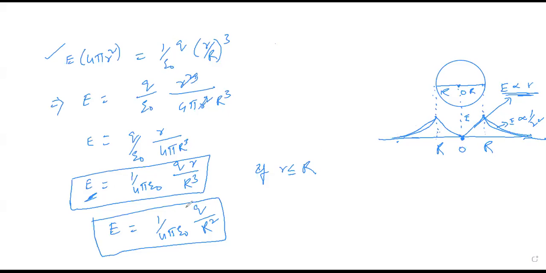Our expression gave the same: E is directly proportional to R inside, and inversely proportional to R square outside. You have to explain it in the exam like this only.